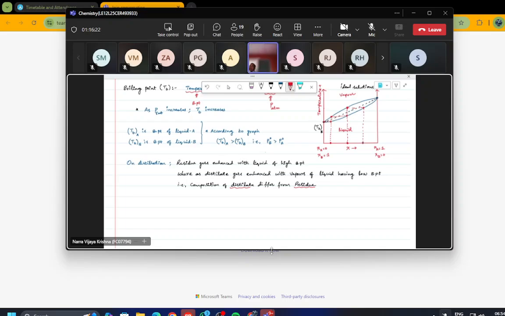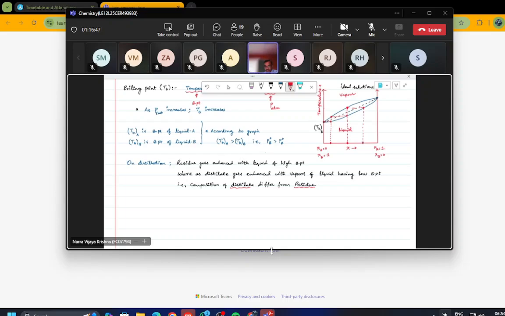The distillate's boiling point keeps on decreasing. Reason? It keeps decreasing and approaches, not zero, it approaches TB, the boiling point of B. The residue's boiling point slowly increases and approaches the boiling point of A. Correct, sir? Any questions?